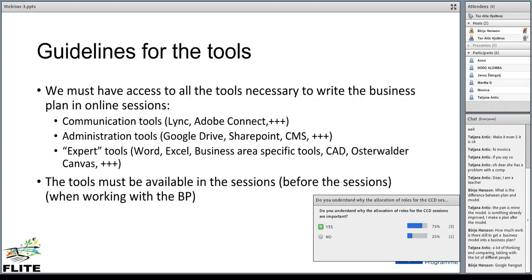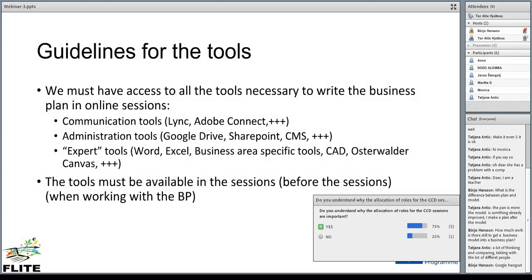That's quite typical in some meetings: if you have been working somewhere, you go to a meeting and we agree on what to do, but then afterwards we go back to the office to do the job, because that's where we have the tools we need. When you're going to work in an online session, you need to have access to the tools.